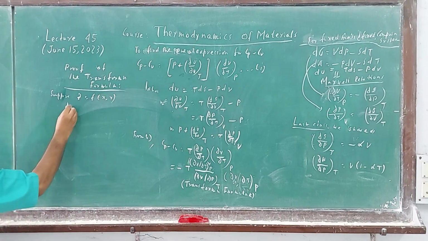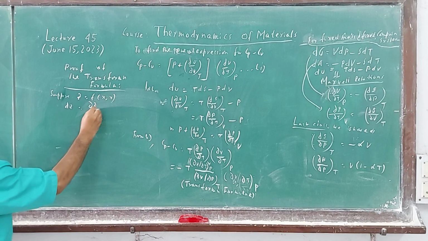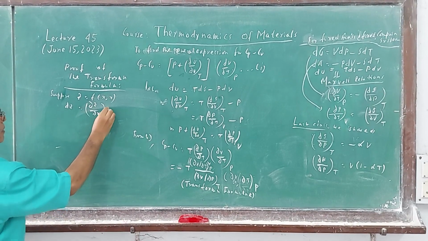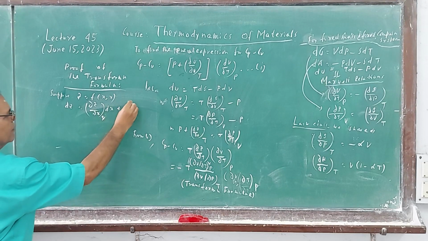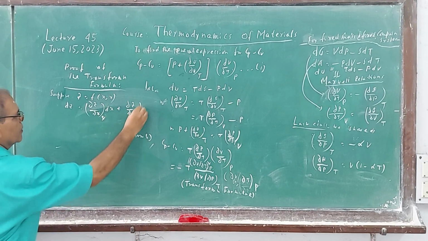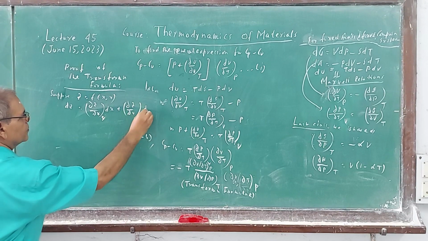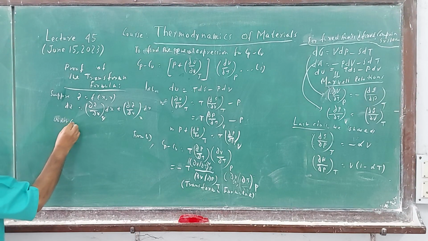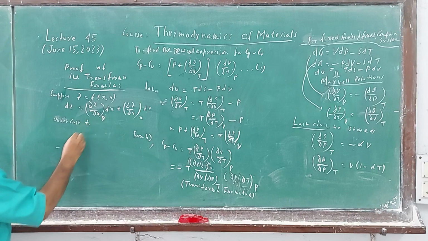What is dz? dz equals (del z by del x) at constant y times dx, plus (del z by del y) at constant x times dy. Now consider a process under constant z.